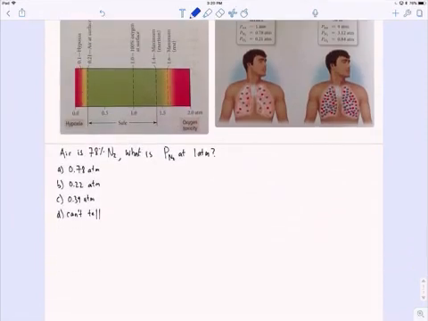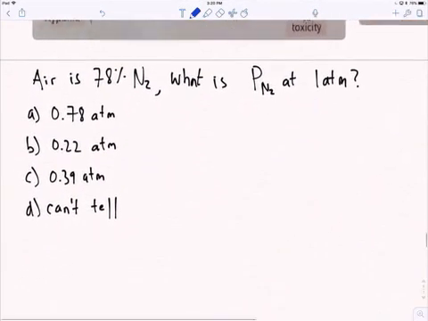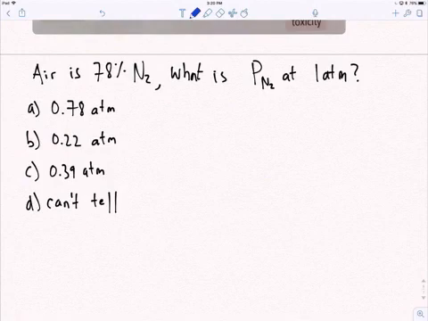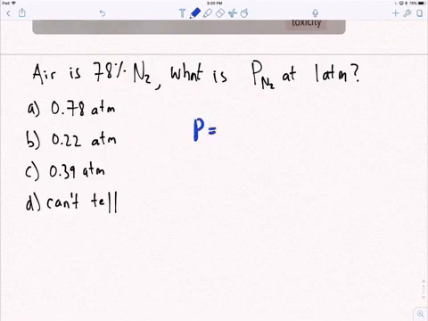But, okay. Hopefully this is an easy question for you. Air is 78% nitrogen. What's the partial pressure of nitrogen at 1 atmosphere? All right, how many think it's 0.78 atmospheres?